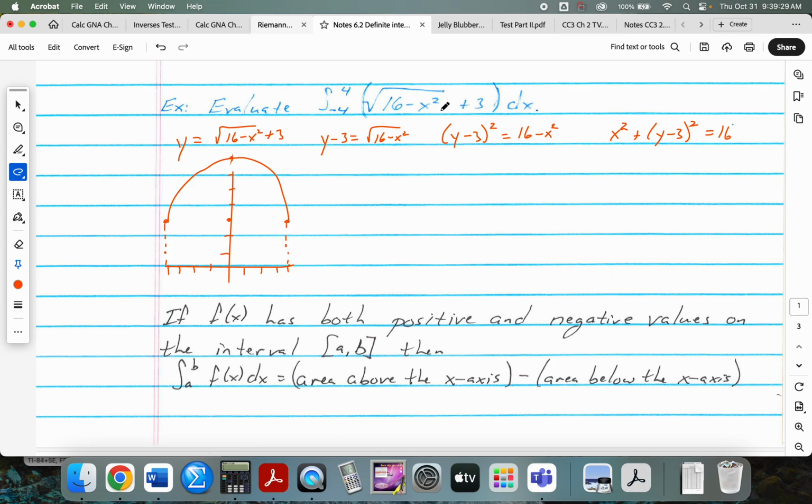If my integrand is non-negative, then the integral will be equal to the area below this curve. Well, the area below that curve is made up of two different parts.